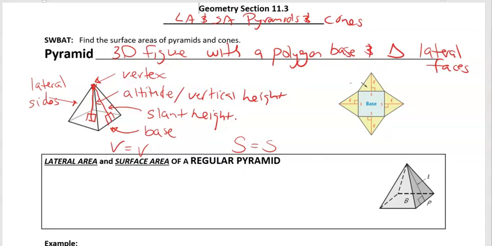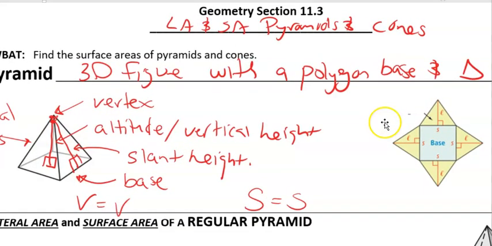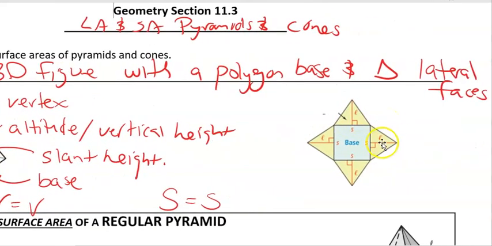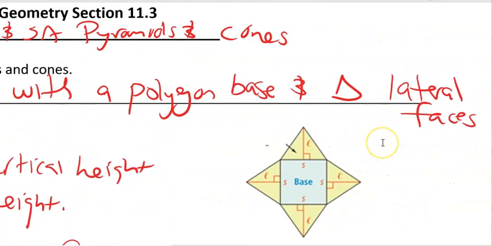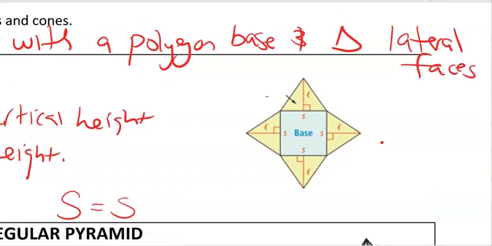So what I want you guys to do is, here is a figure right here. Let's call this, instead of S and S, let's just call it A, B, C, and D. What I want you to do in your groups is you are going to develop a formula for the lateral area, okay?